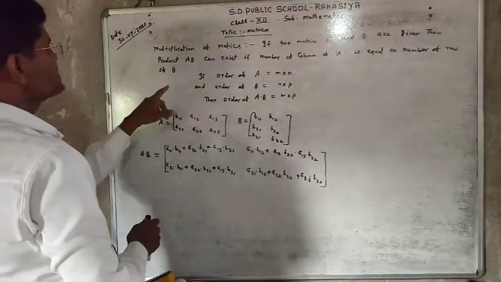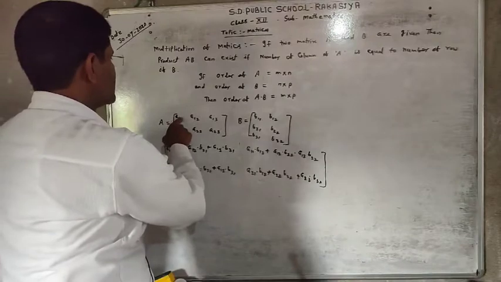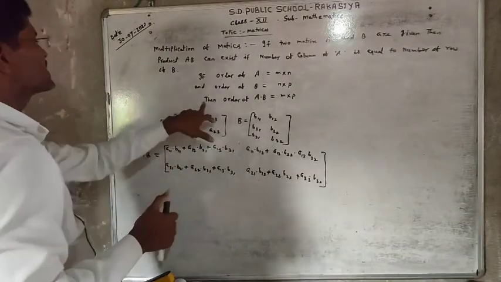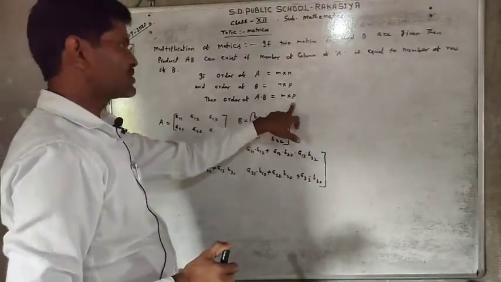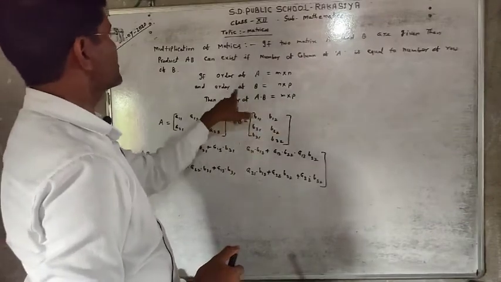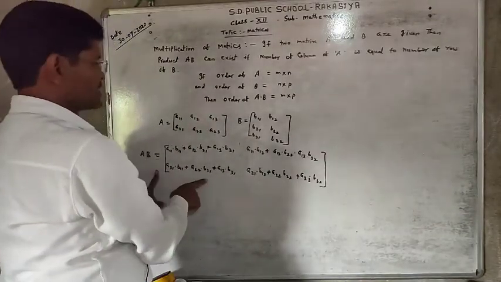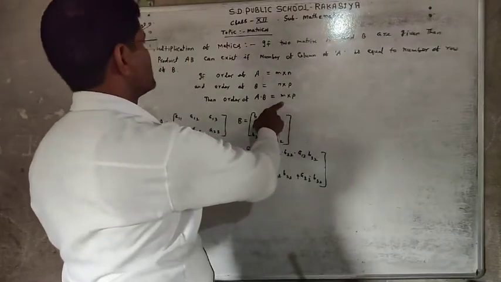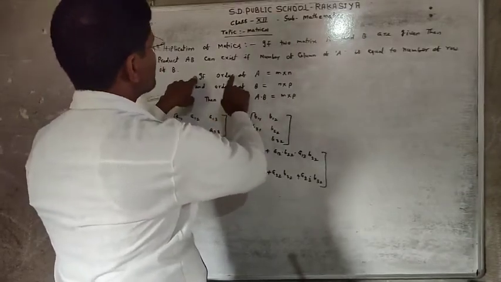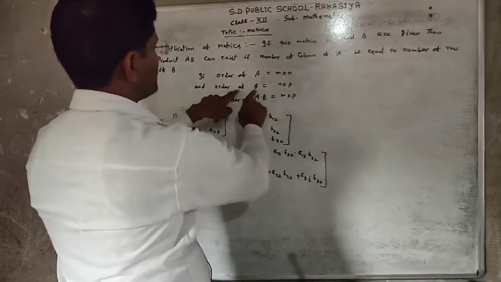Observe that the number of rows of matrix A is 2 and the number of columns of matrix B is also 2, and we say that the order of AB is n into p, where n is the number of rows in matrix A and p is the number of columns of matrix B. The number of rows of the product AB is equal to the number of rows of matrix A, and the number of columns of AB is equal to the number of columns of matrix B.